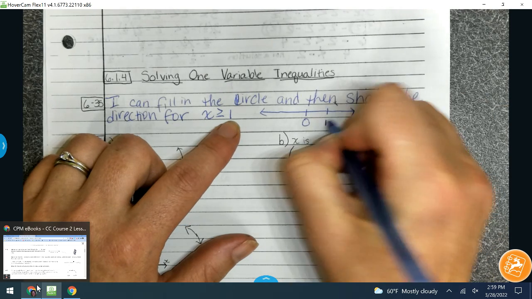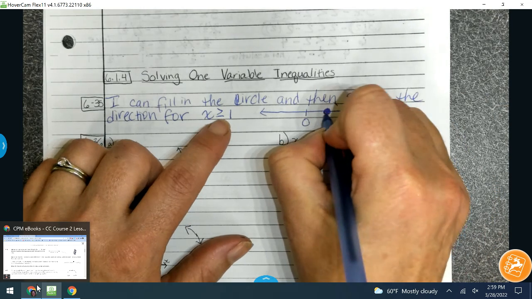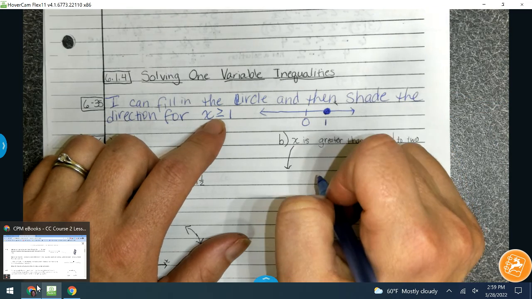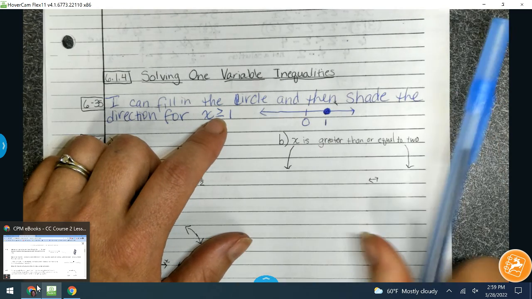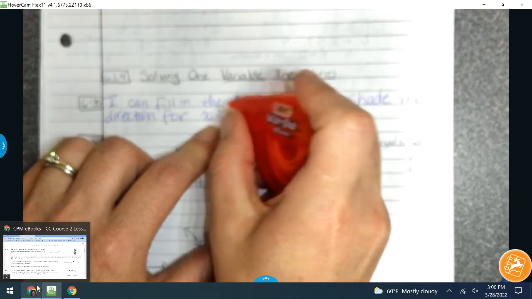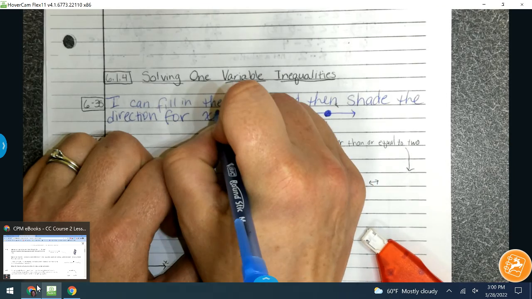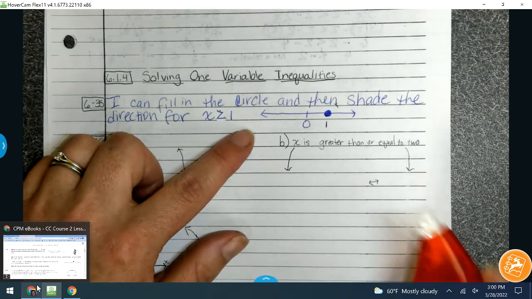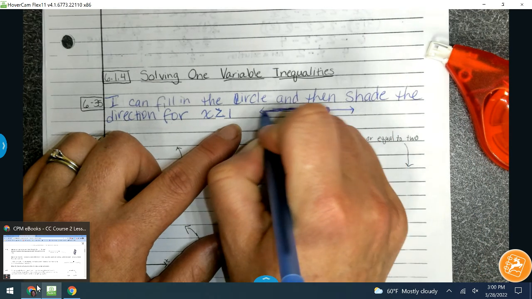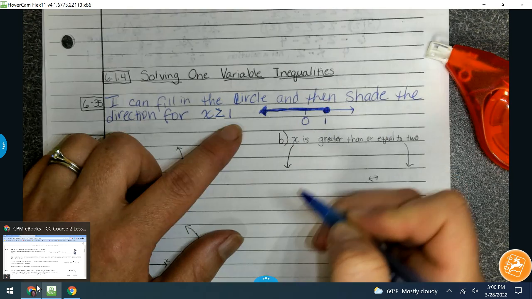I have 1 right here. I'm going to put a solid dot, that's for that half equal sign. And then everything is supposed to be less than. Doggone, I thought I looked at that problem correctly and I made a mistake. So we're going to do it where x is less than or equal to 1. Now we're going to shade going this direction. That's where all of the solutions flow.